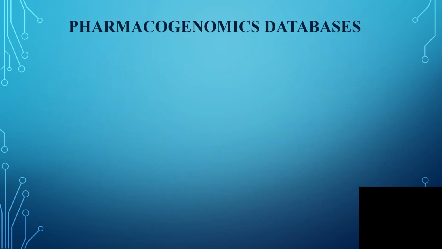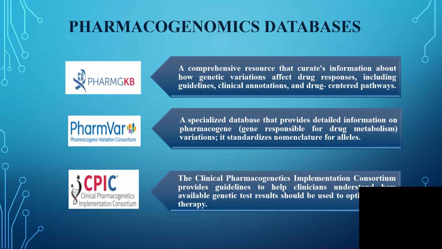Let's now dive into pharmacogenomics databases, which are key to advancing personalized medicine. The first database we are going to explore is the PharmGKB database, which collects data on how genetic variations influence drug response. For example, it provides information on how variations in the CYP2C19 gene affect the response to clopidogrel, a drug used to prevent strokes. The second database is PharmVar, which standardizes information on genetic variations that affect drug metabolism.